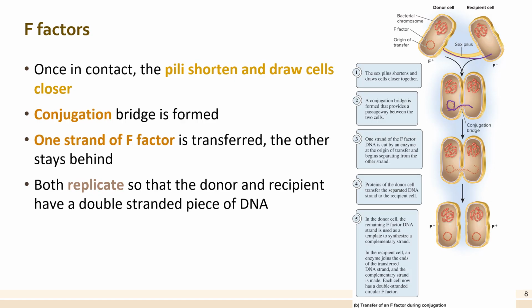So replication machinery is going to make a copy, send the copy through. Then in both cells, the plasmid is going to be copied so that it becomes double-stranded DNA again. So now we have a double-stranded plasmid in one cell and a double-stranded plasmid in another cell.